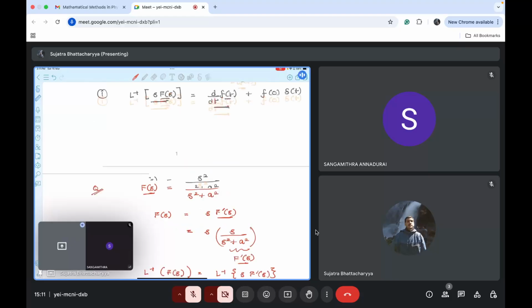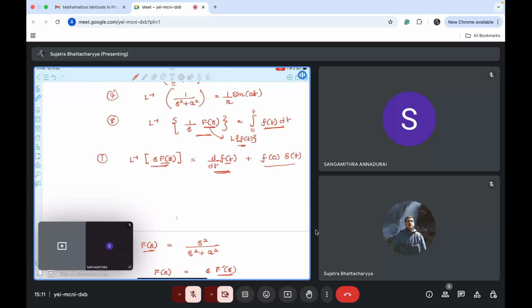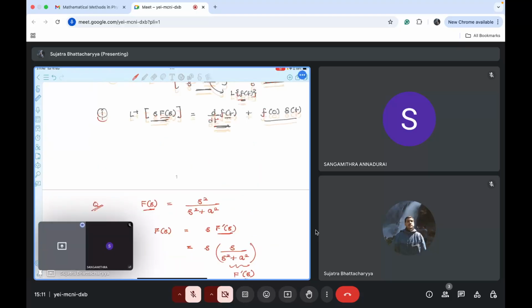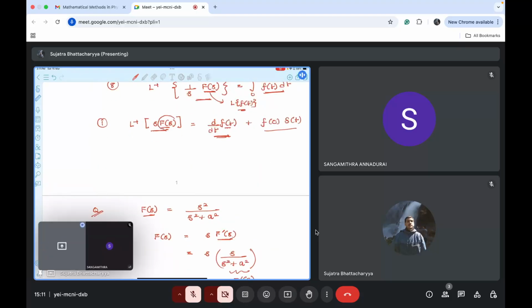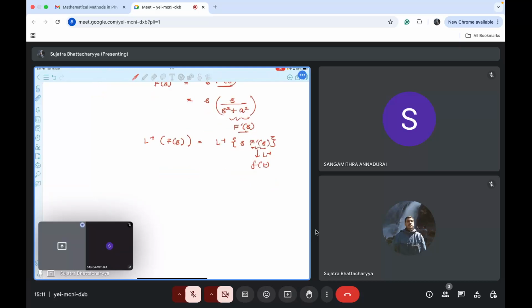And we know that the property says that it will be the time derivative of f(t) plus f(0) times the delta function. Fine. Remember, L inverse of F dash(s) is actually f(t). So when we have s times whatever is there, we will try to see what f(t) will be.